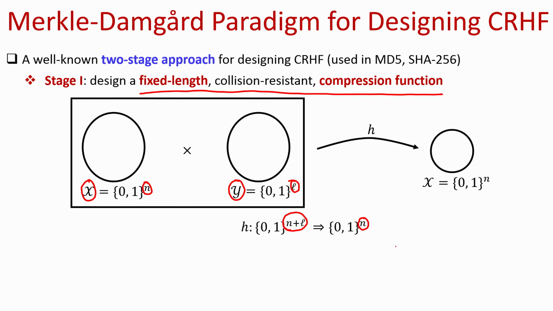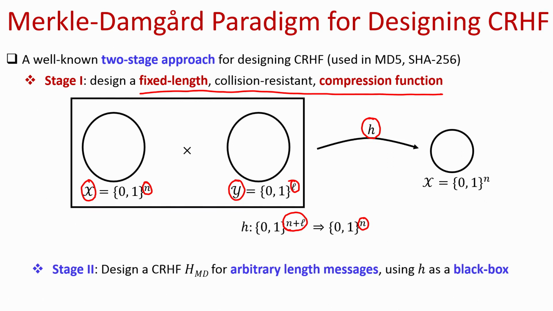Given a string of length n plus l bits as input, the goal of this compression function is to produce an output of size little n bits such that this little h function is a collision resistant function. That means, given the description of h, it should be difficult to come up with a collision pair in polynomial time with significant probability.